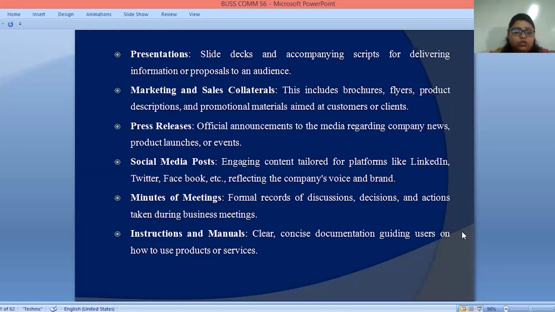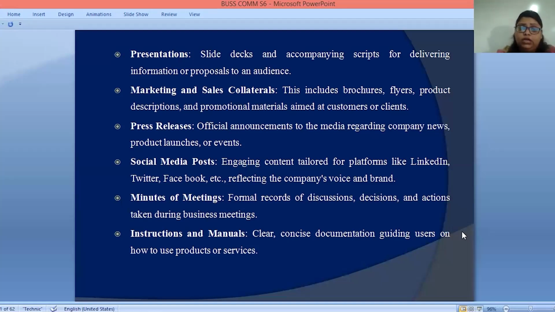Now moving towards the next topic, marketing and sales collateral. We use business writing in marketing and sales collaterals, which include brochures, flyers, product descriptions, and promotional materials aimed at customers or clients. So we keep in consideration for which audience we are creating.